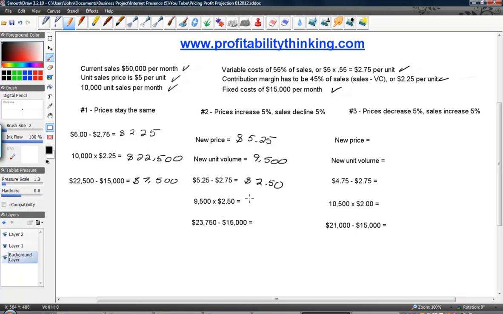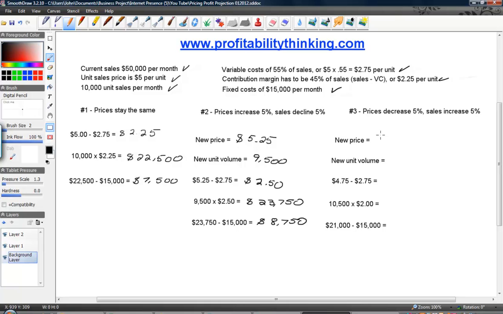So if we take 9,500 units times the $2.50 contribution margin per unit, that leaves us with a monthly contribution margin of $23,750. And we have $23,750 contribution margin minus the $15,000 monthly fixed costs, which haven't changed, and that leaves you with $8,750 in profit if we increase prices but lose 5% of sales.